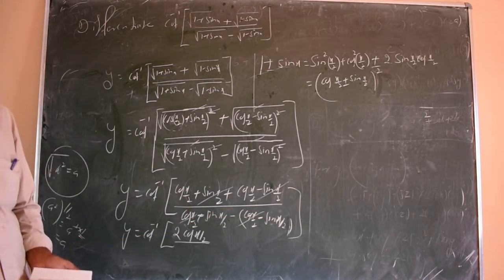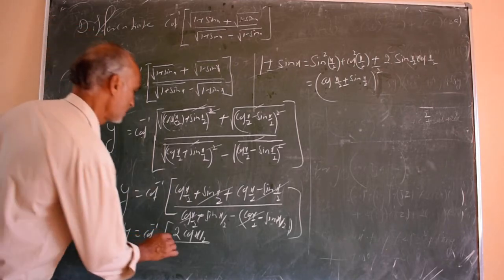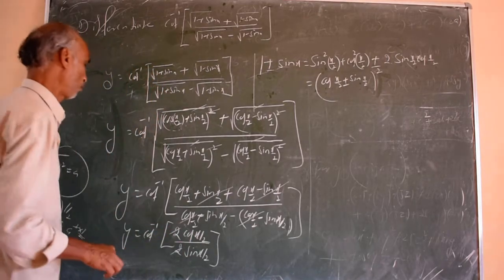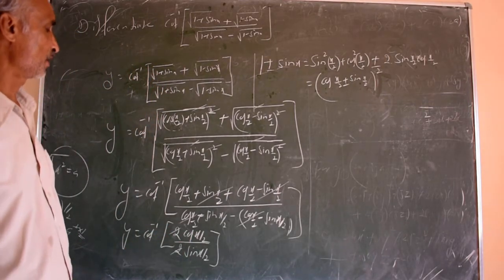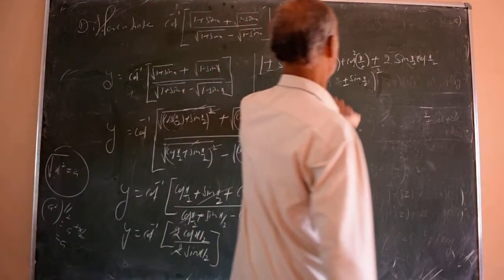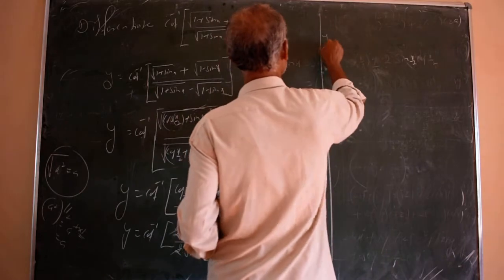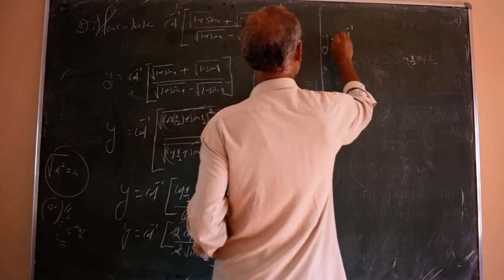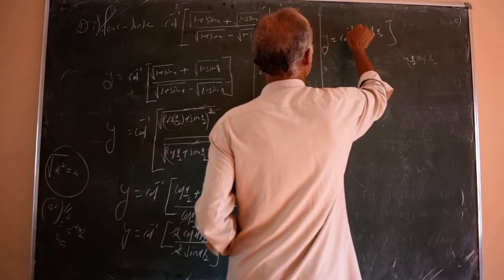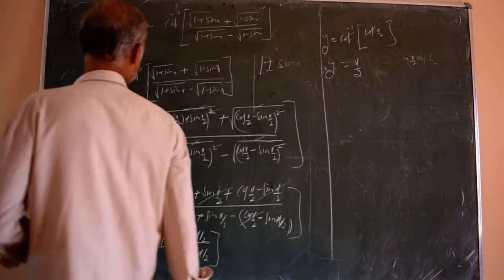Minus of minus is plus, sin x by 2 plus sin x by 2, a plus a, 2a. 2 times sin x by 2. 2 cancels, y is equal to cot inverse of cos x by 2 upon sin x by 2, that is cot inverse of cot x by 2. Cot inverse and cot cancel, y is equal to x by 2.